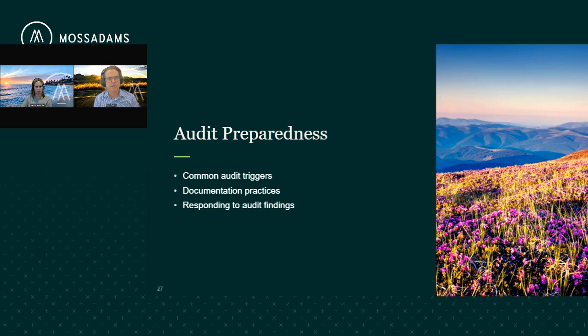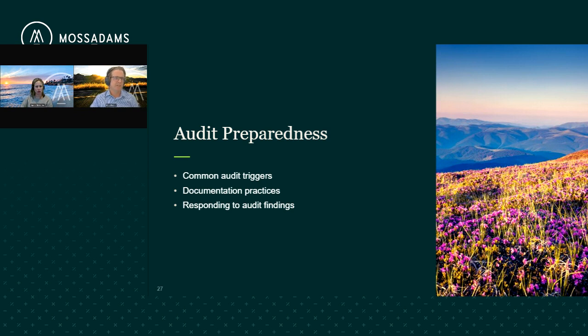Some of the audit triggers that we see are inconsistent indirect cost rates that really raise questions about compliance with the FAR, and discrepancies between billing and contract terms. This could be something as simple as billing for unapproved costs or failing to properly allocate costs.